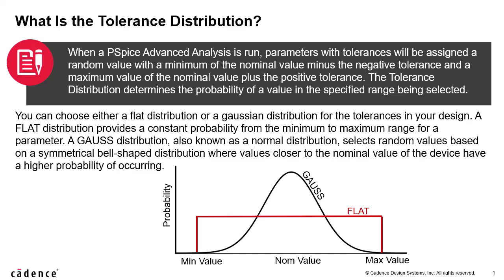You can choose either a flat distribution or a Gaussian distribution for the tolerances in your design. A flat distribution provides a constant probability from the minimum to the maximum range for a parameter. The Gauss distribution, also known as a normal distribution, selects random values based on a symmetrical bell-shaped distribution where values closer to the nominal value of the device have a higher probability of occurring.